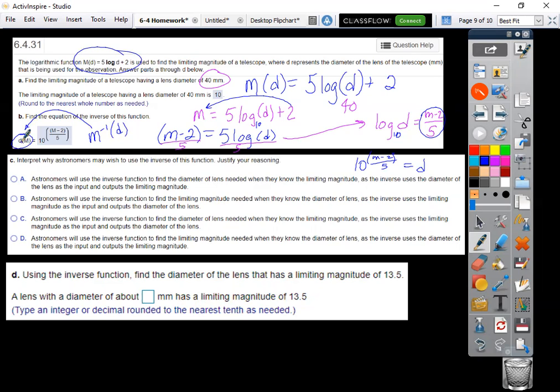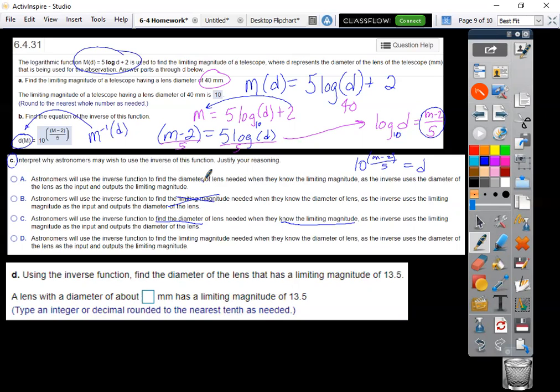So the next question that leads us right into part C is why would we want the inverse? And it's what we just said. We're trying to find the diameter, and we know the magnitude. So this one says we're trying to find the magnitude. No, we're putting the magnitude in, so we know that. Find the diameter, yes. So astronomers will use the inverse function to find the diameter.